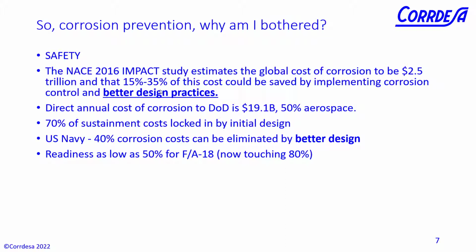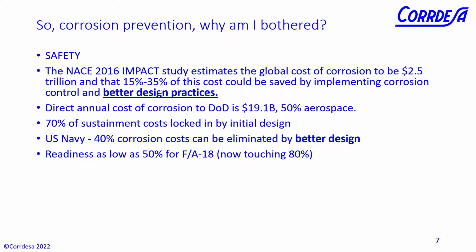Choices made very early on can impact sustainment and life costs of your products. The US Navy found that 40% of corrosion costs can be eliminated by better design. So these tools up front are very important. We have stress analysis, thermal analysis, impact analysis, but very little use is made of corrosion simulation tools.